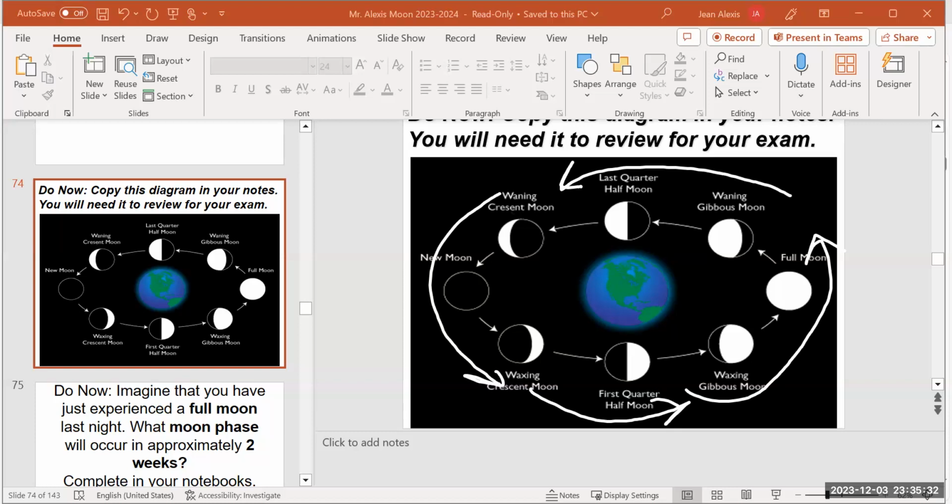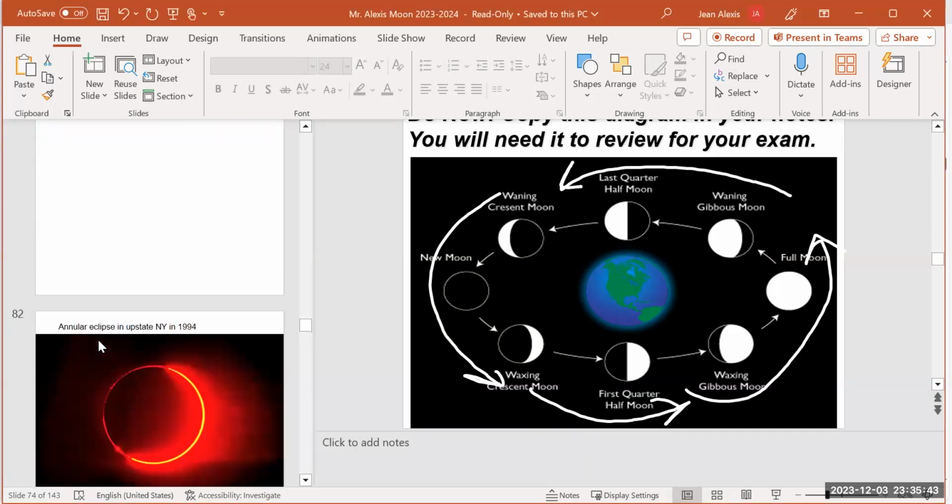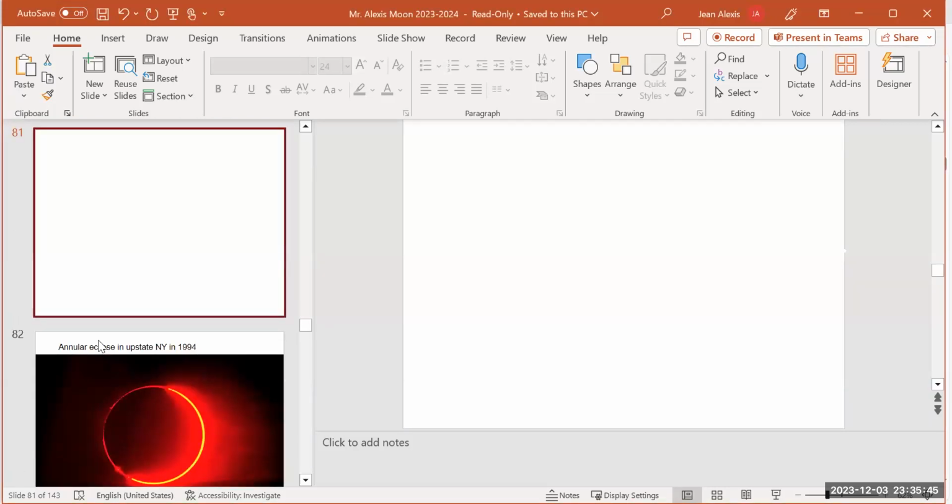Now, if they said that the moon was farther from the Earth, I'm just going to draw a quick picture. Bear with me, please. Let's say this is the Earth.